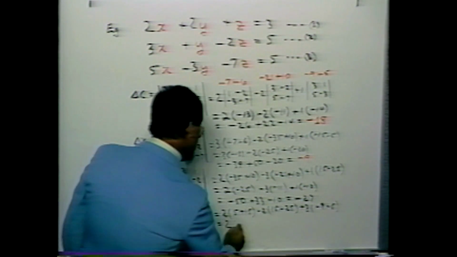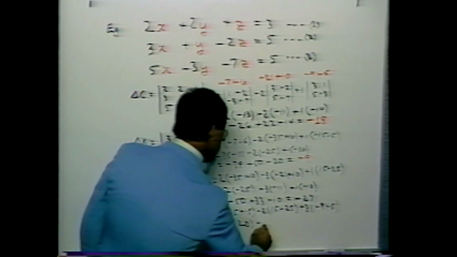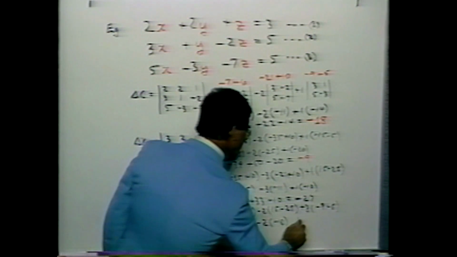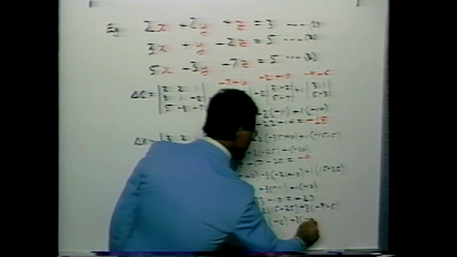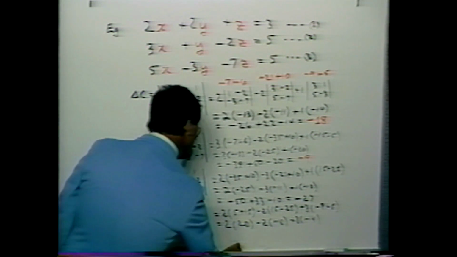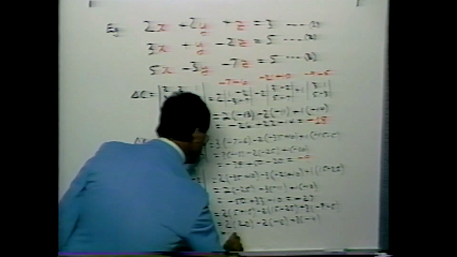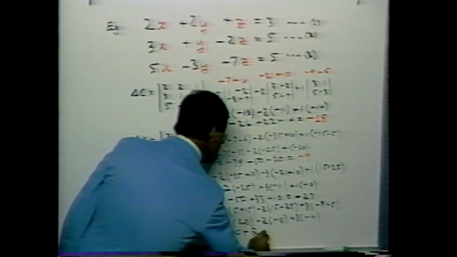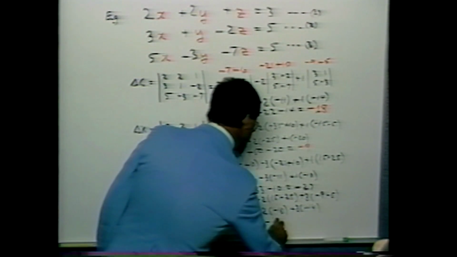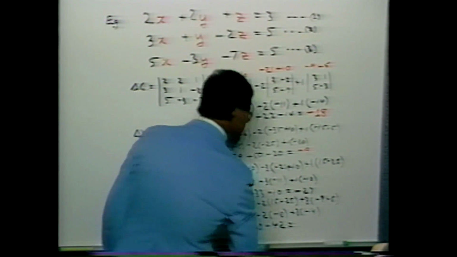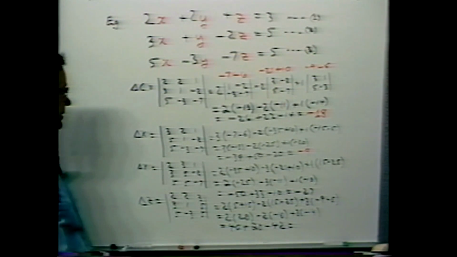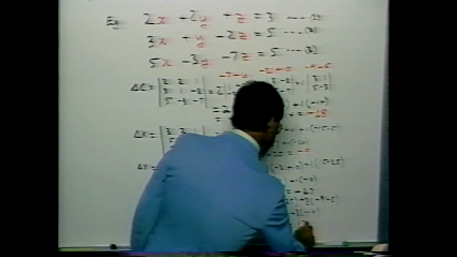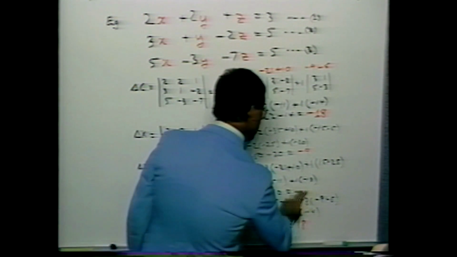This is 2 multiplied by 20 minus 2 multiplied by minus 10, and plus 3 times minus 14. This amounts to 40 plus 20 minus 42. And that value is equal to plus 18. I meant to write this in red.